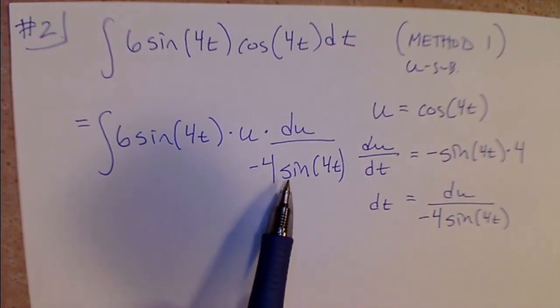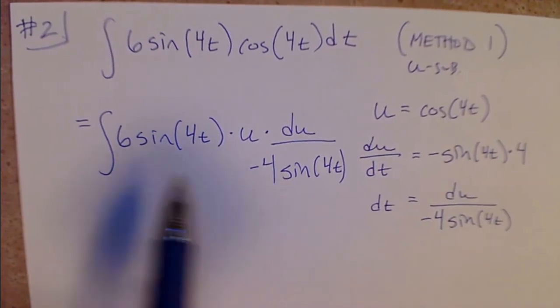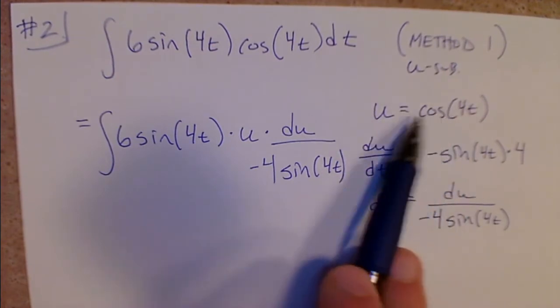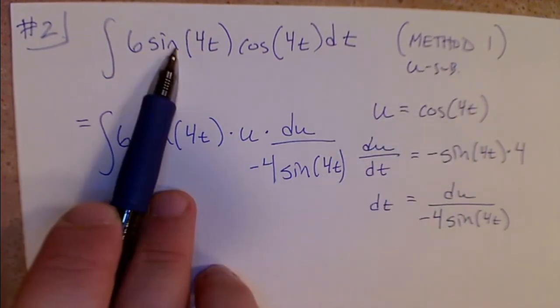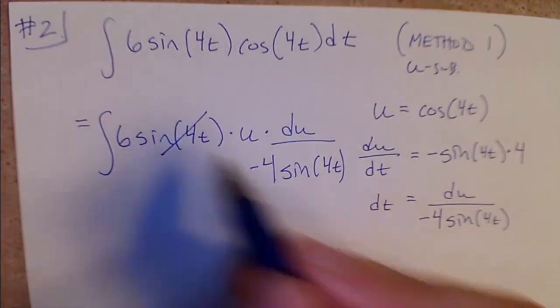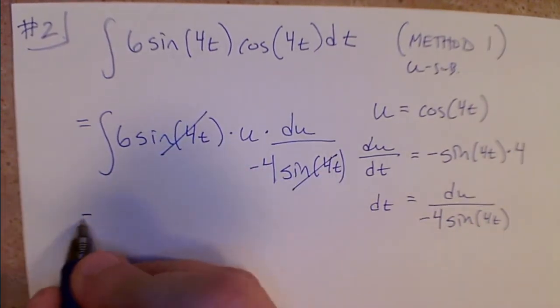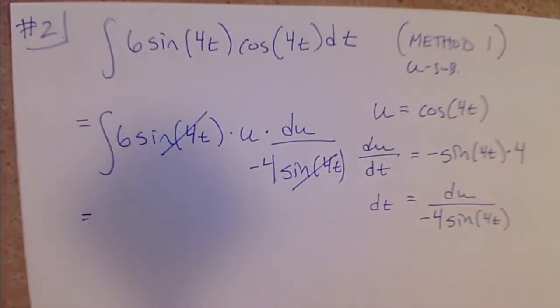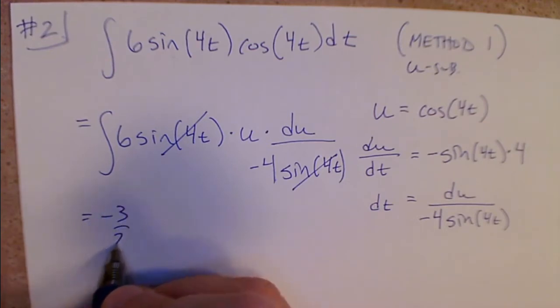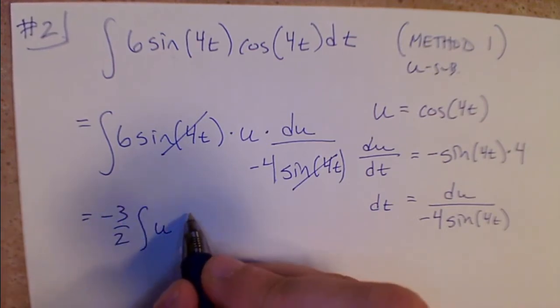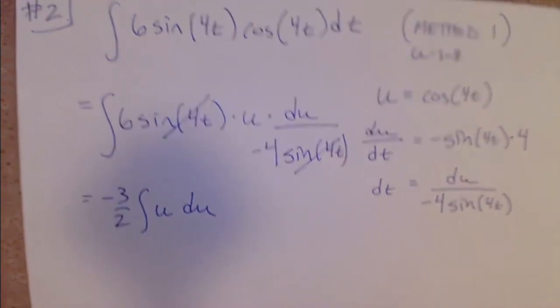And again, this is how you know that you probably want to use a u sub, because the derivative of u appears right here, and they will cancel, like so. And so 6 over 4 is 3 halves, so I get negative 3 halves times the integral of u with respect to u.